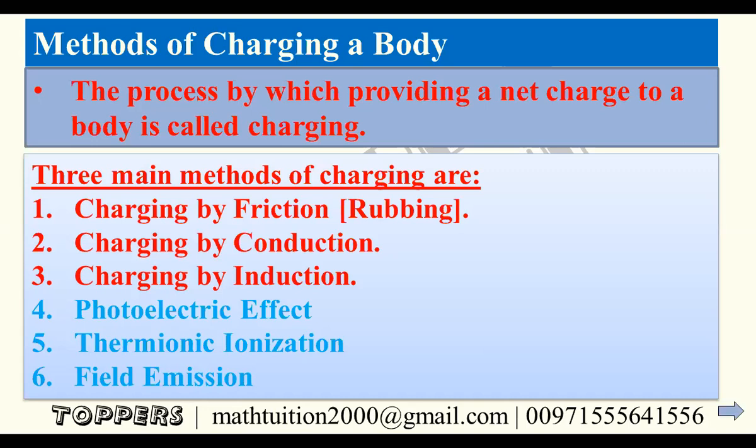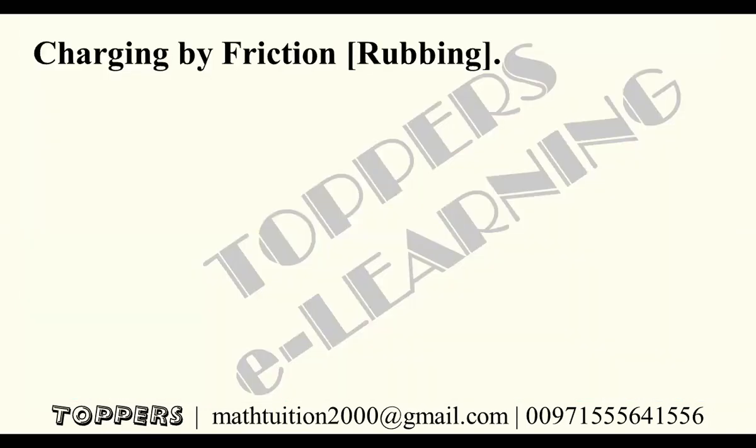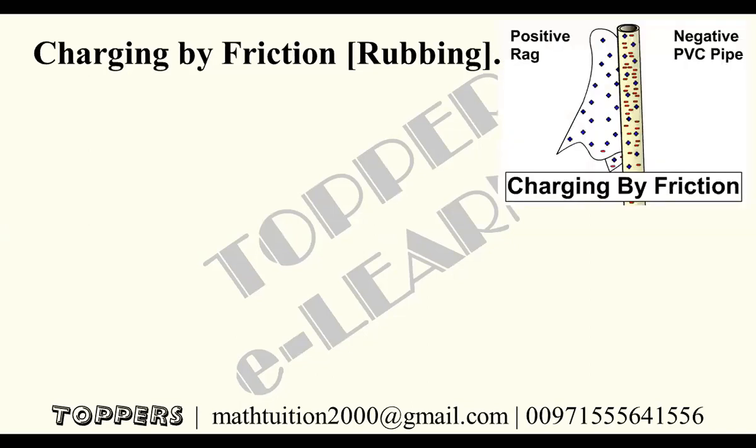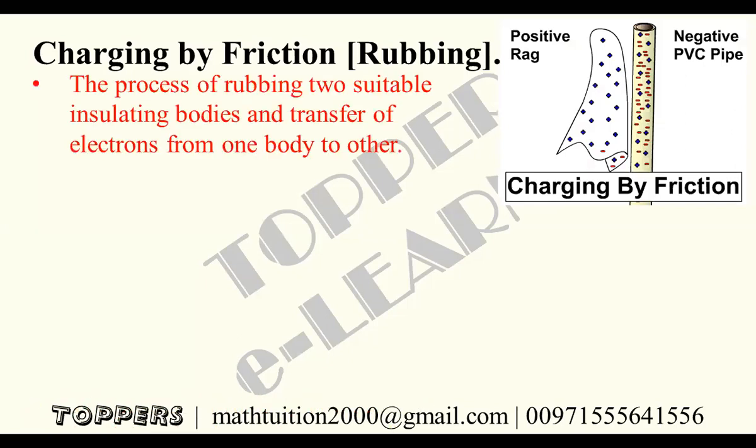Fine. So, what is charging by friction? Charging by rubbing. See this animation. We can see a neutral cloth and a neutral PVC pipe. By rubbing, this neutral rag is getting positive charge and the neutral PVC pipe is getting negative charge.